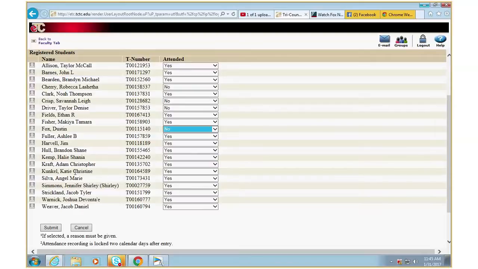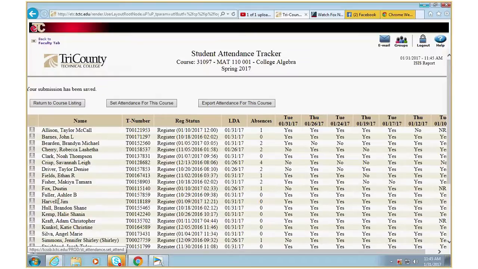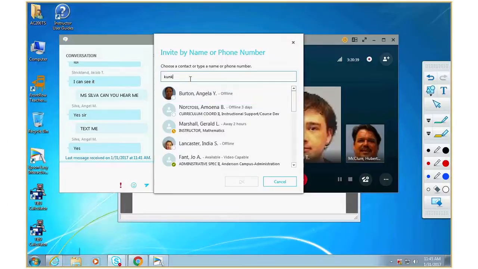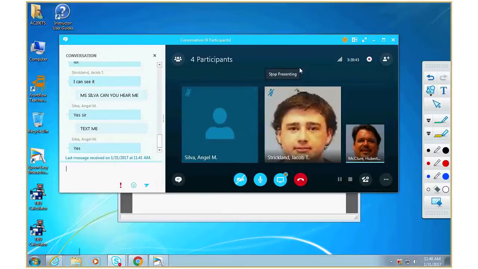I'm gonna count Kunkel here. She tried to Skype. I just didn't know she was. Silva's here. Simmons is not here. Strickland is here. Warnick and Weaver. And then she cursed me and left. I won't blame her.